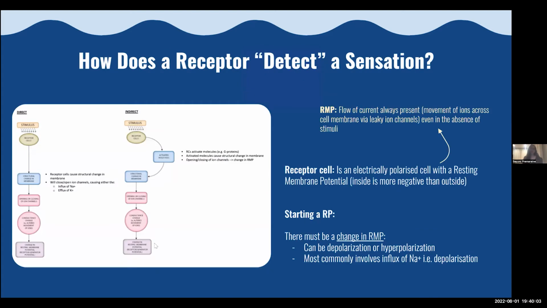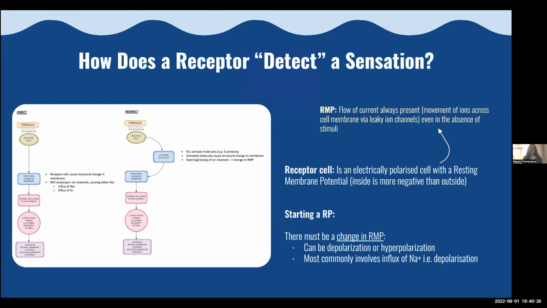So how will a receptor detect a sensation? We'll start first with a receptor cell itself. So a receptor cell is an electrically polarized cell, which pretty much means the charge inside the cell is different to the charge outside. And specifically with receptor cells, the inside is more negative than the outside.